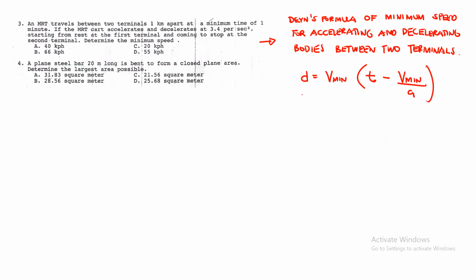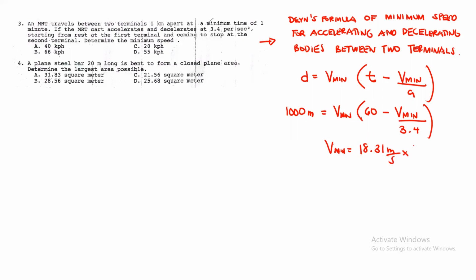Ilan yung distance natin? Ang distance natin is 1 kilometer or 1,000 meters, is equals to V minimum times time natin na 60 seconds minus V minimum over acceleration na 3.4 meter per second squared. Makuha natin V minimum dito is 18.31 meter per second.